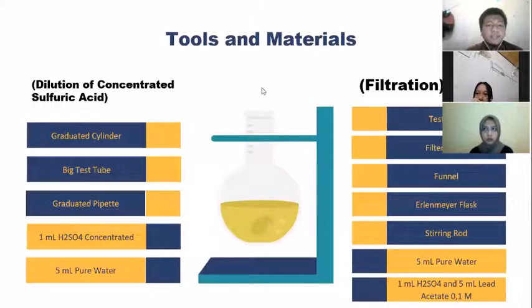For experiment 3, dilution of concentrated sulfuric acid, we need a graduated cylinder, big test tube, graduated pipette, 1 milliliter concentrated sulfuric acid, and 5 milliliter pure water. And for experiment 4, filtration, we need a test tube, filter paper, funnel, Erlenmeyer flask, stirring rod, 5 milliliter pure water, 1 milliliter sulfuric acid, and 5 milliliter lead acetate 0.1 molar.